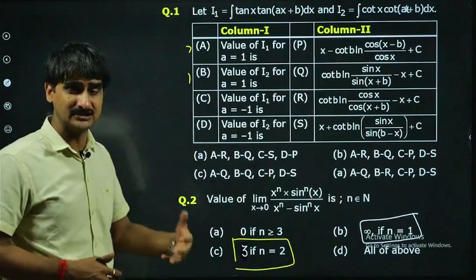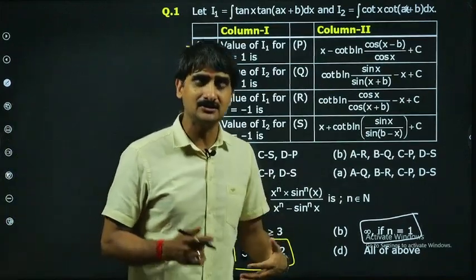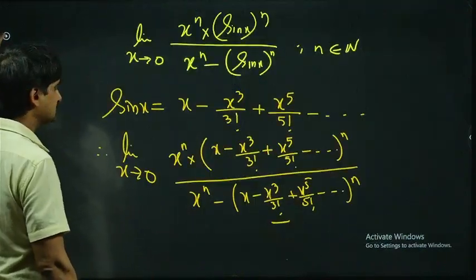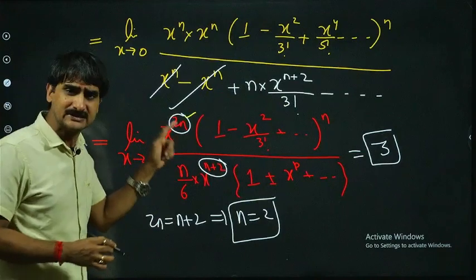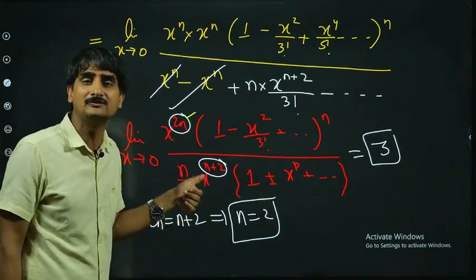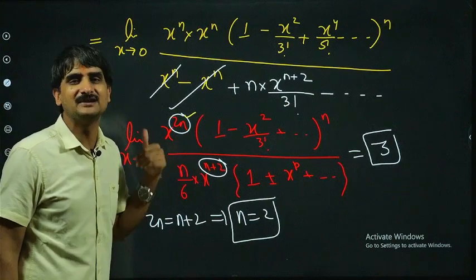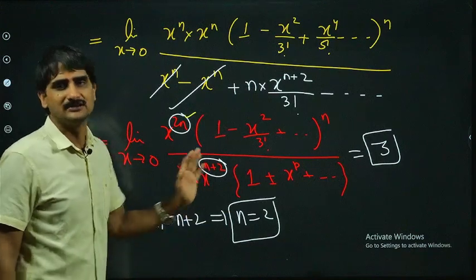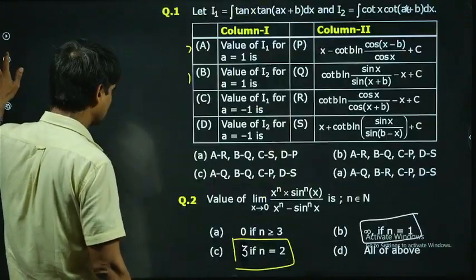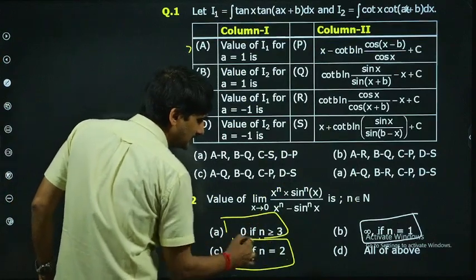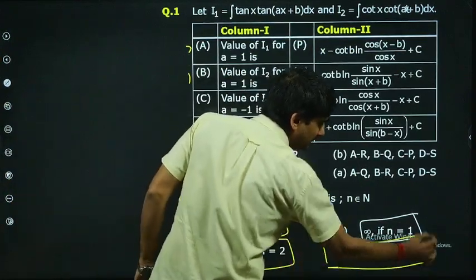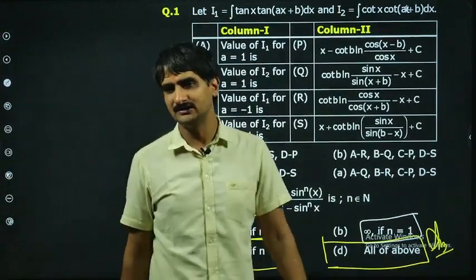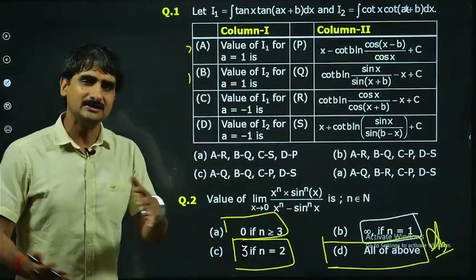And in the reverse case, when n is 3 or greater, in the numerator the lowest power is 2n, which is 6, whereas in the denominator it is 5, so you will be left with an extra x in the numerator. So in that case, the limiting value is going to be 0. So all of the above is the answer. All three options A, B and C are correct here. So that was the question on limits for today.